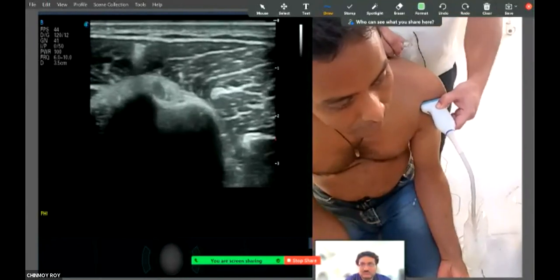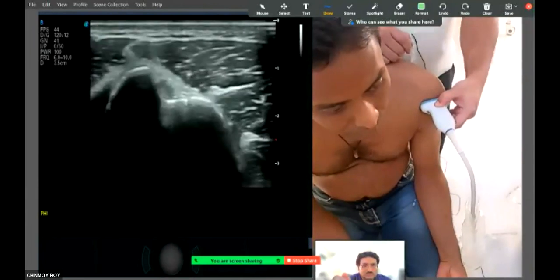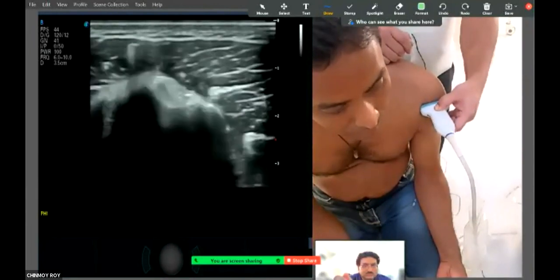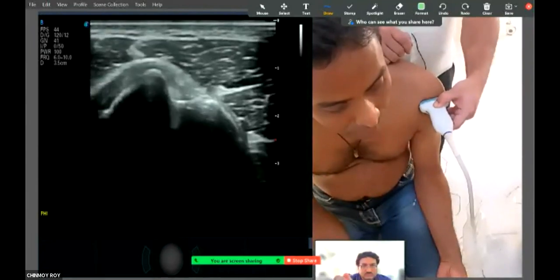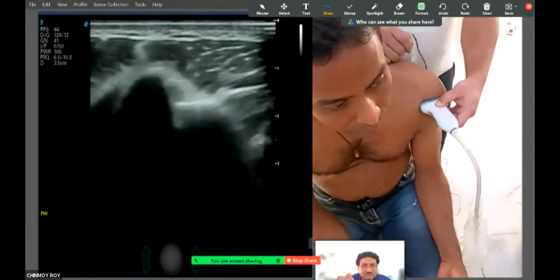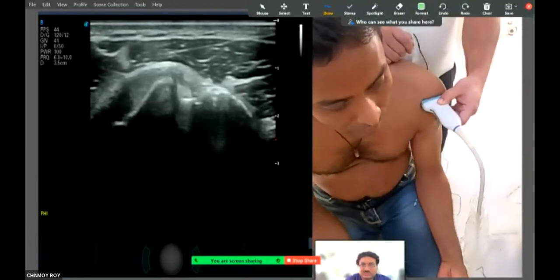Now, as I told you, between these two tuberosities there is a tendon. So we can show you the tendon. You can see clearly. Freeze.